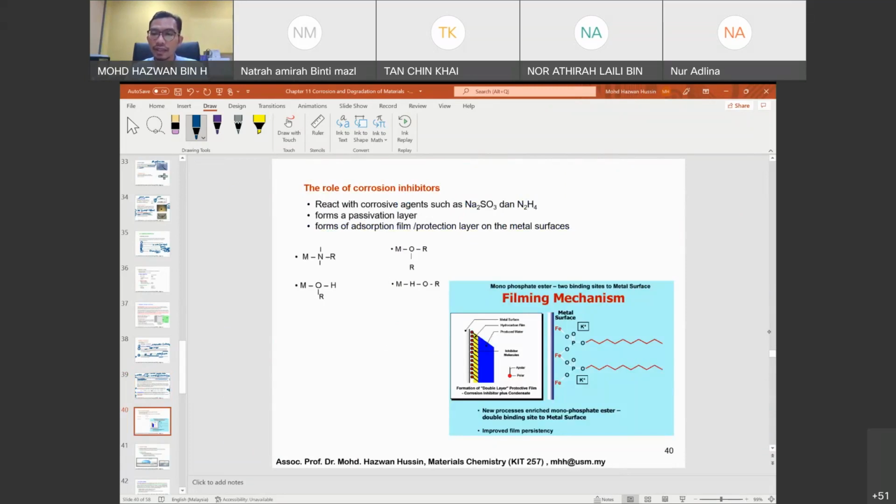Phosphate, PO4, is very rich in unpaired or localized electrons, so it can easily donate the electrons and form a bonding with the metal surface. It can easily complex. So this will form a temporary, invisible film.